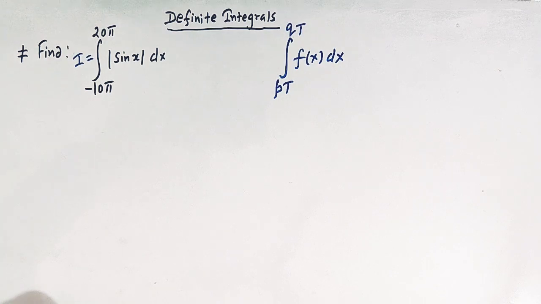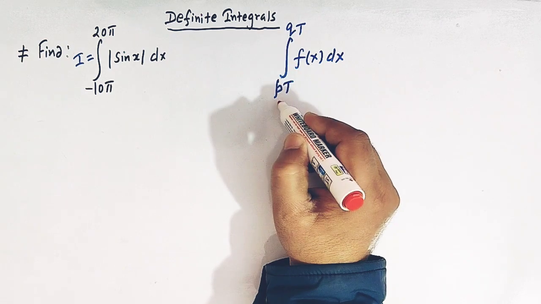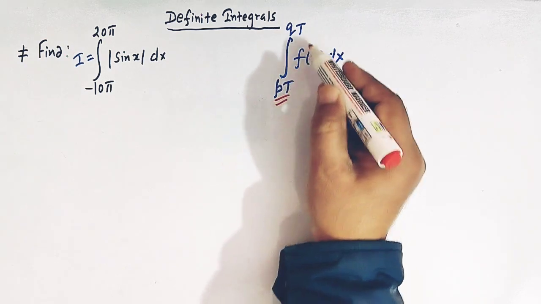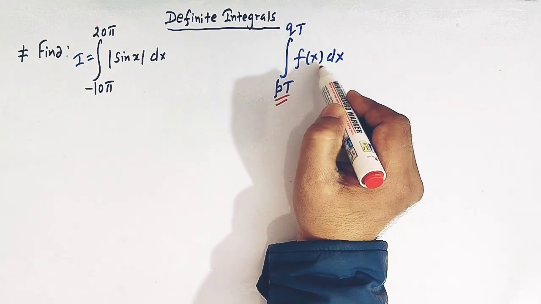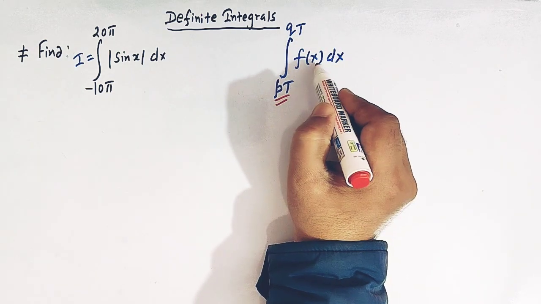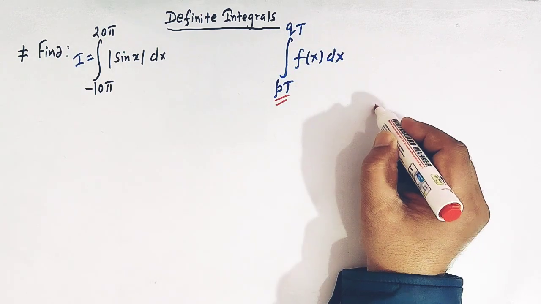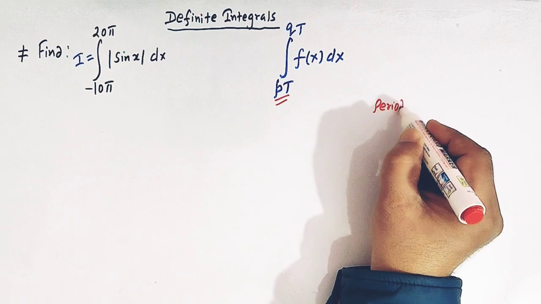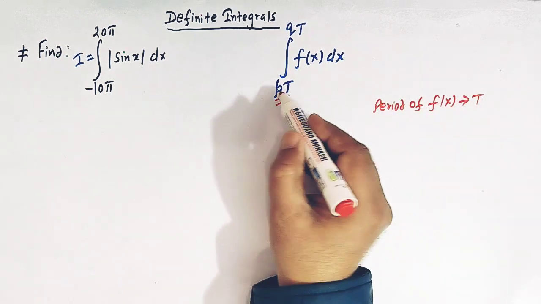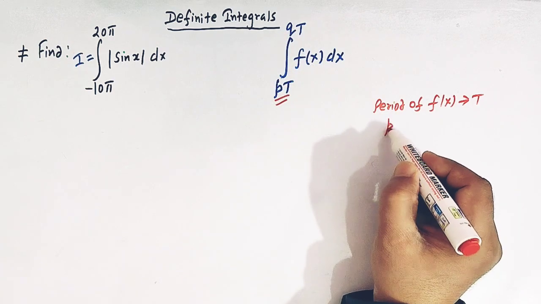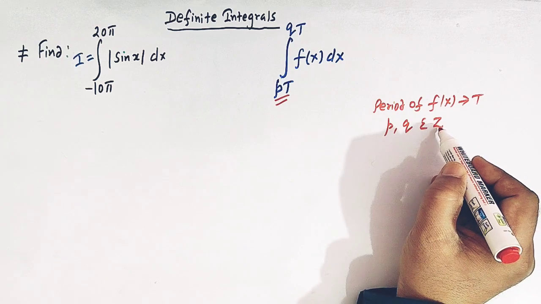We are considering an integral in which the lower limit is pT and the upper limit is qT, and the integrand is a periodic function f of x whose period is T. Here p and q are integers, so Z is the set of integers.